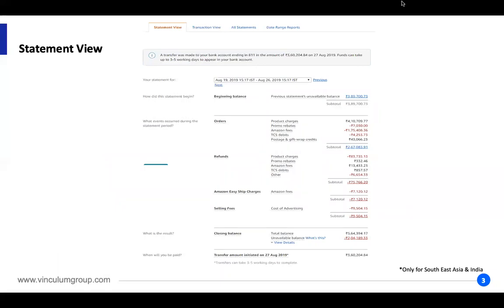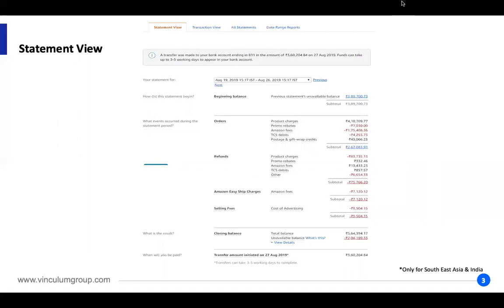Coming to the statement view, this is how your typical Amazon Seller Central payment screen will look. On the top, you will find four tabs. One shows you the statement, another one transaction, third one is all statements.